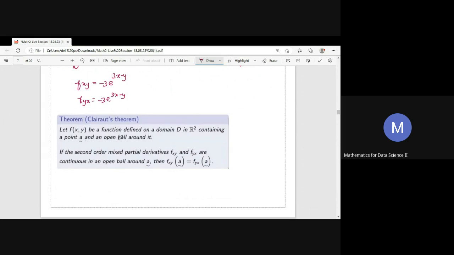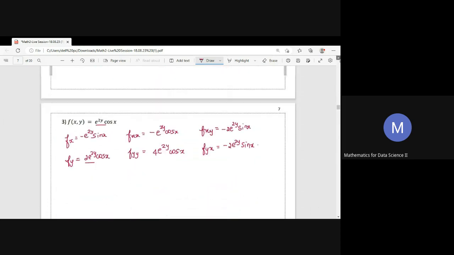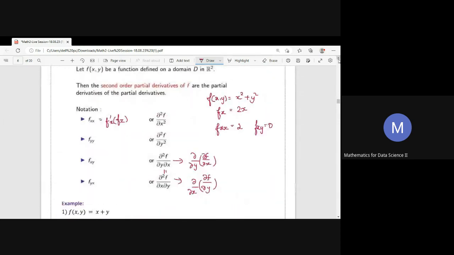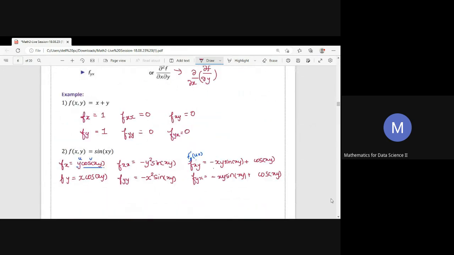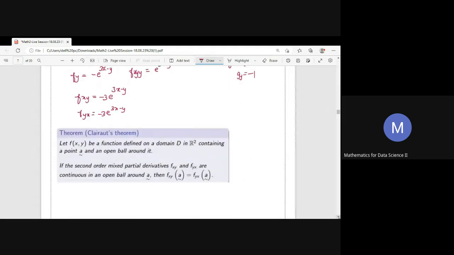containing a point A tilde and an open ball around it. So if the second order mixed partial derivatives fxy and fyx are continuous in an open ball around A tilde, then you have this equality. So far we see that all these functions are very smooth. They are very continuous functions. They don't have any discontinuities very obviously. So here in all these cases you see that fxy and fyx, the mixed partial derivatives, coincide.